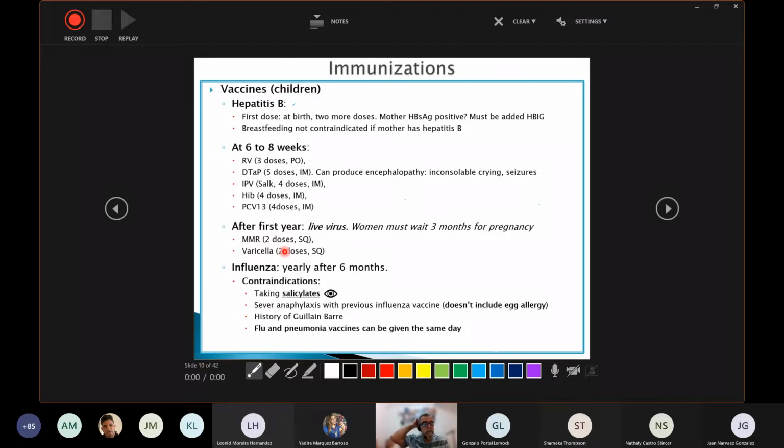The purpose of giving this vaccine in countries where tuberculosis is frequent is to decrease the risk of developing severe forms of tuberculosis.